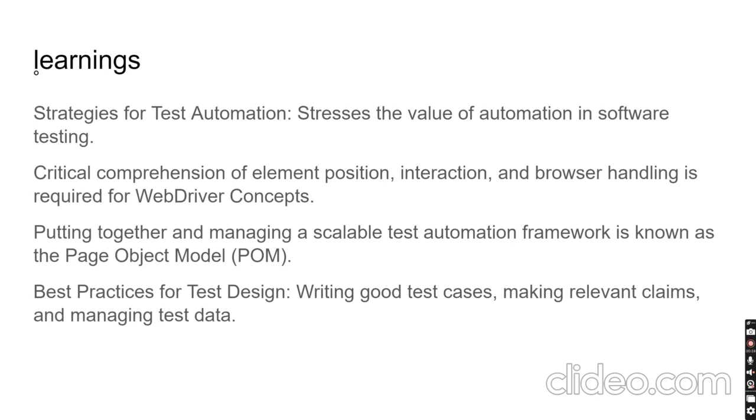Putting together and managing a scalable test automation framework is based on the Page Object Model, POM. For best practice in test design, we need to write good test cases, make relevant assertions, and manage the test data properly. These are the learnings I got from this testing.